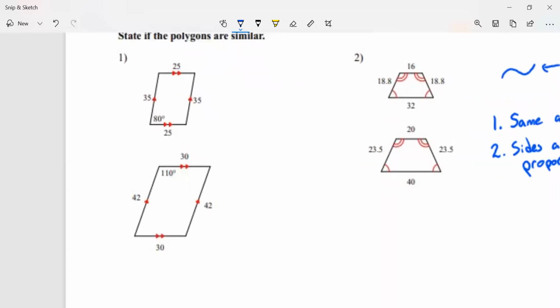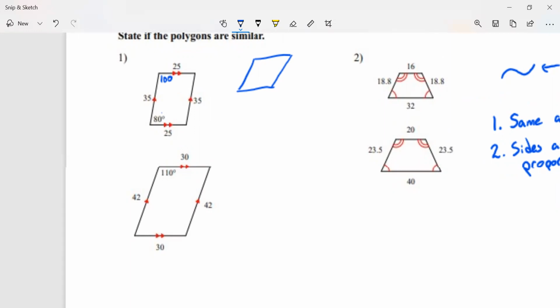Now, we learned back in the day that on polygons, two adjacent angles have to add up to 180. Right? We learned that. Now, if I see on the figure on the top, I see an 80 there. So I'm going to say this angle right here is 100. Two adjacent angles need to add up to 180.